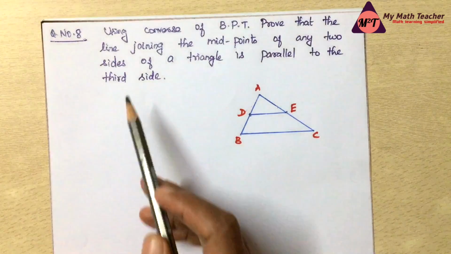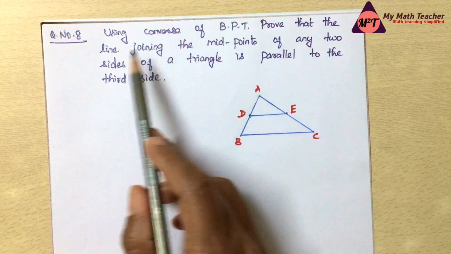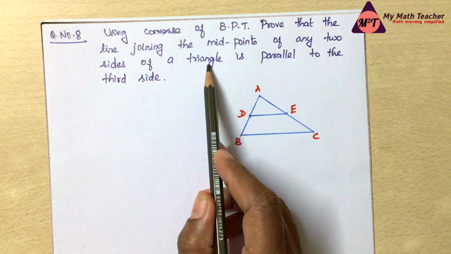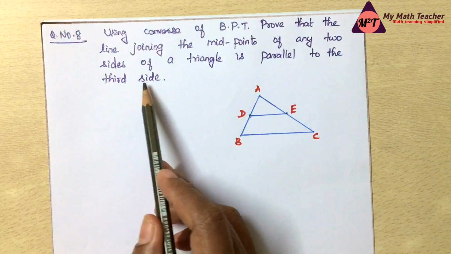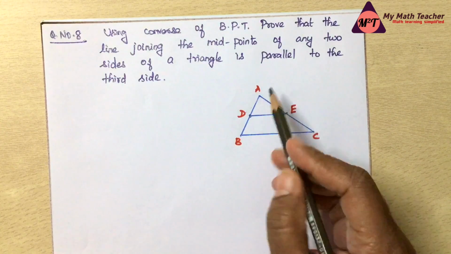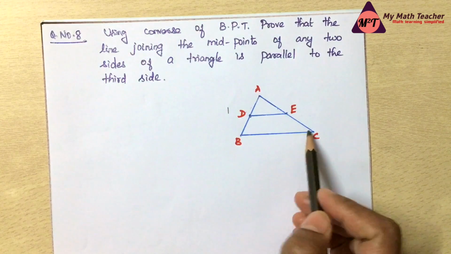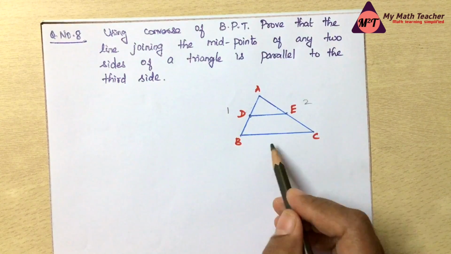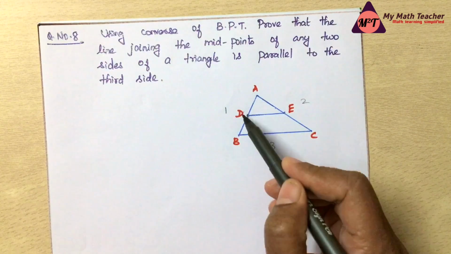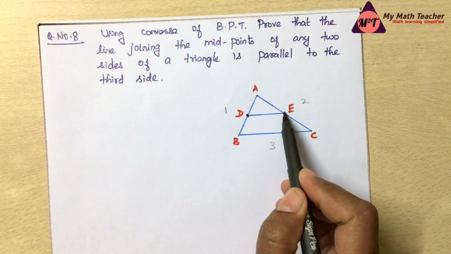8th question is, using converse of basic proportionality theorem, prove that the line joining the midpoints of any two sides of a triangle is parallel to the third side. Let us consider this triangle ABC. Let us take side AB as the first side, AC as second side, and BC as third one. D is the midpoint of AB, and E is the midpoint of AC.